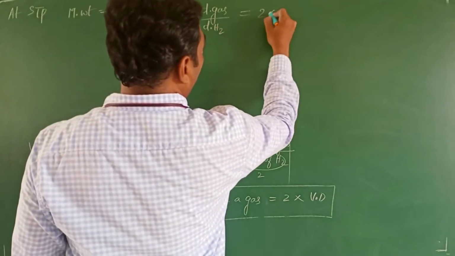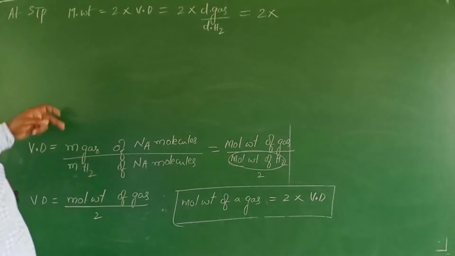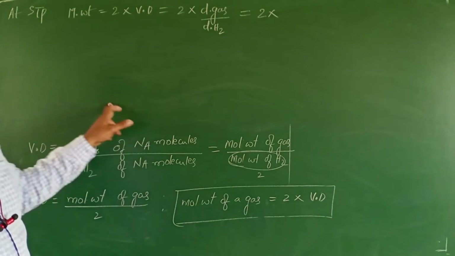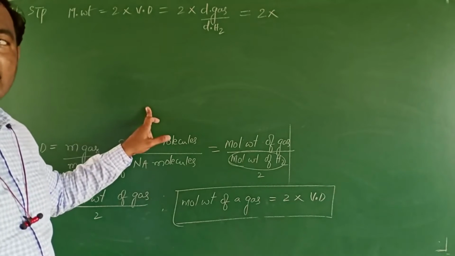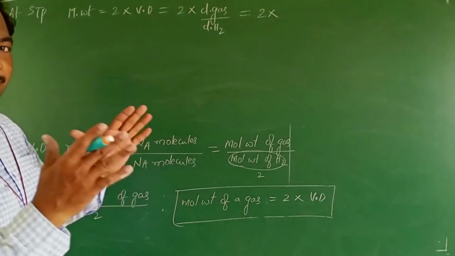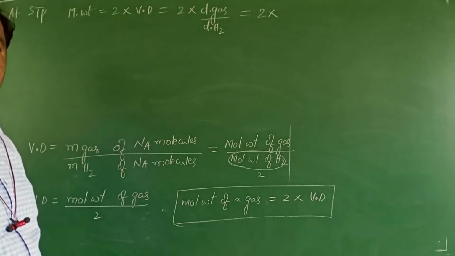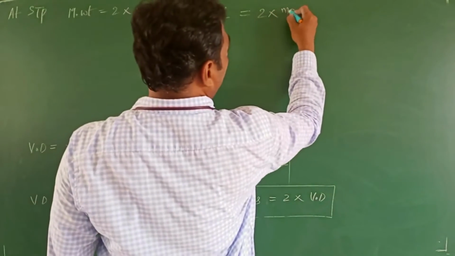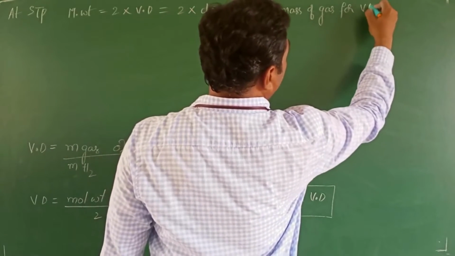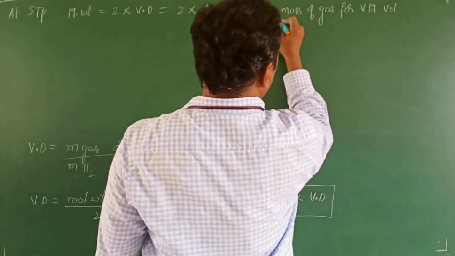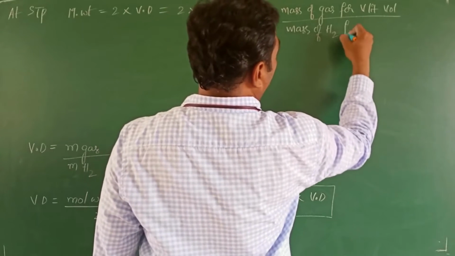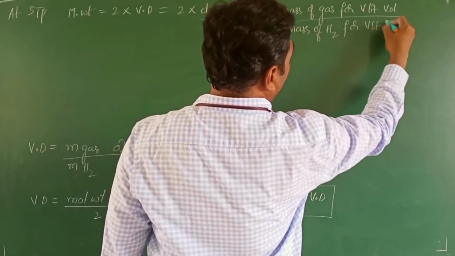Just now, we have written above this statement that the density of gas is nothing but the mass of gas for a certain V liter volume. We considered that V liter contains Avogadro number of molecules. This is the mass of gas for V liter volume by the mass of hydrogen for V liter volume.